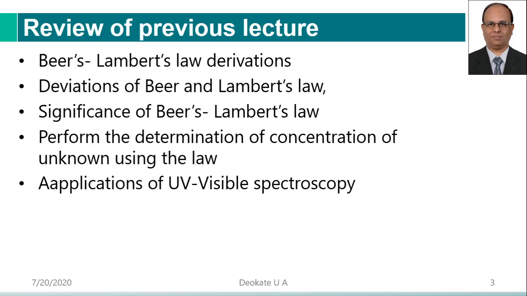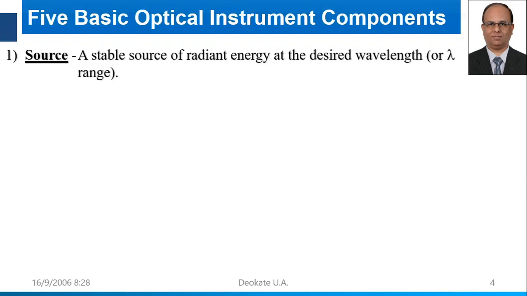Various problems we solved, where we had values like A 1% 1 cm values, or molar absorptivity values, and from those we calculated the concentration. Then we studied the applications of UV visible spectroscopy: qualitative estimation, quantitative estimation, structural elucidation. All this we learned in the previous videos.